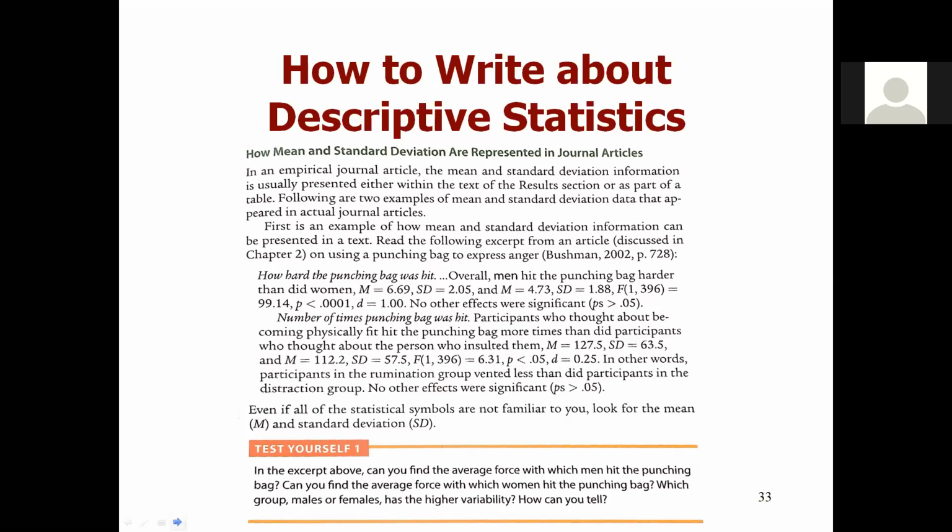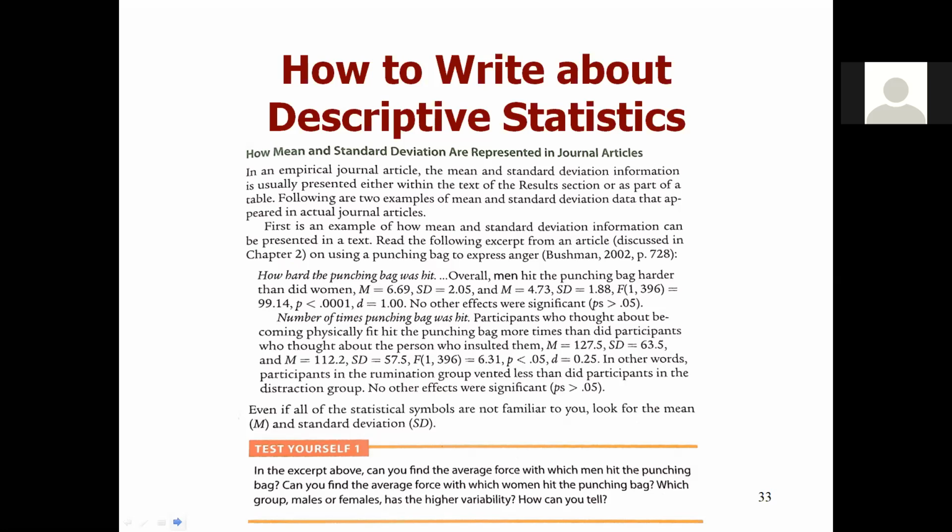So in this particular case, there was a study of how strongly people can hit. It was like a punch bag that had the Confederate face. I think we talked about the study in chapter 2.